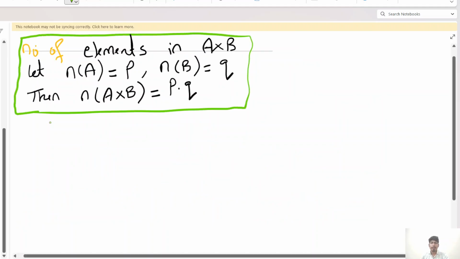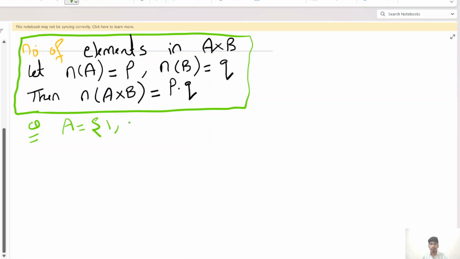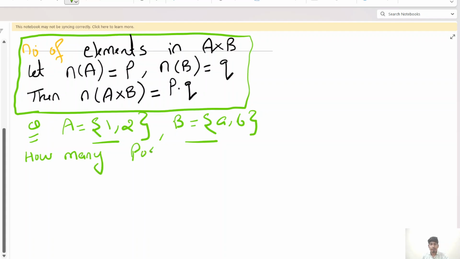Now I want to do one more question. Let A be {1, 2} and B be {a, b}. Then how many possible subsets of A cross B?